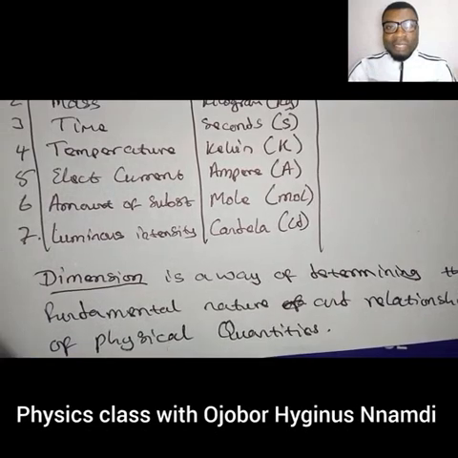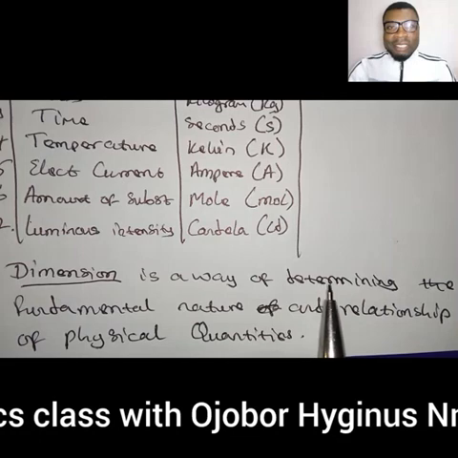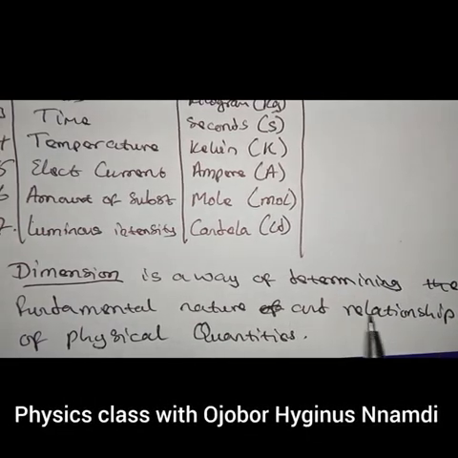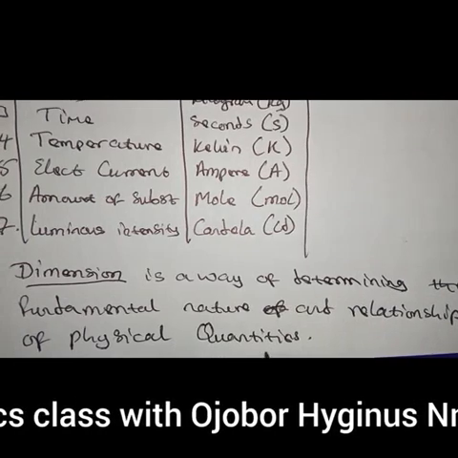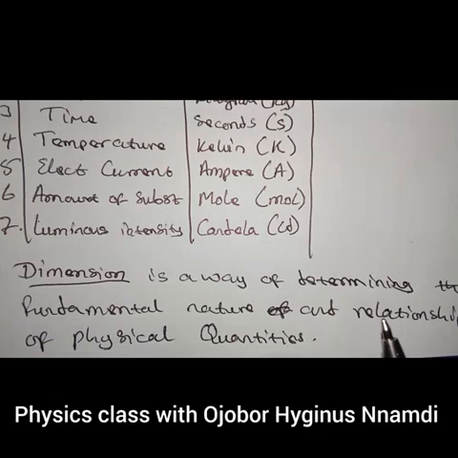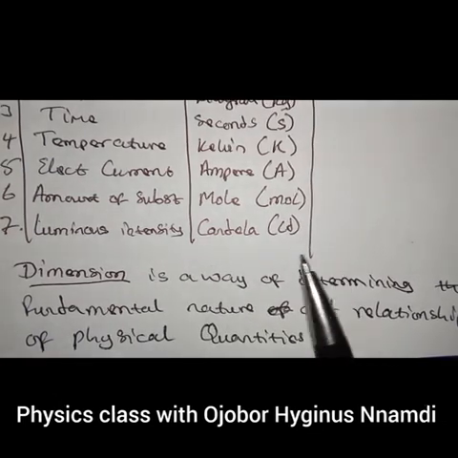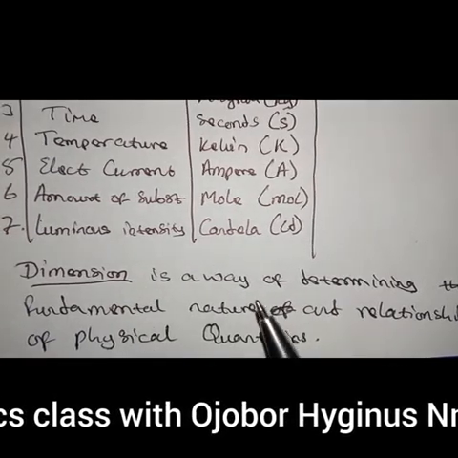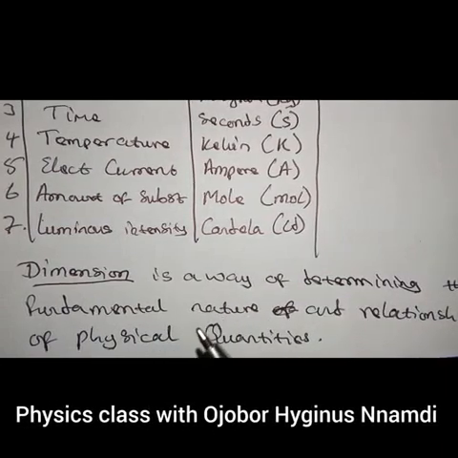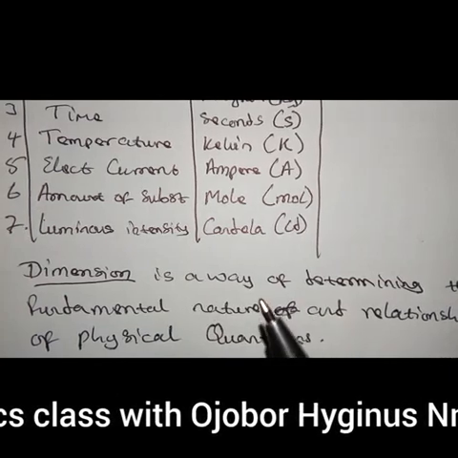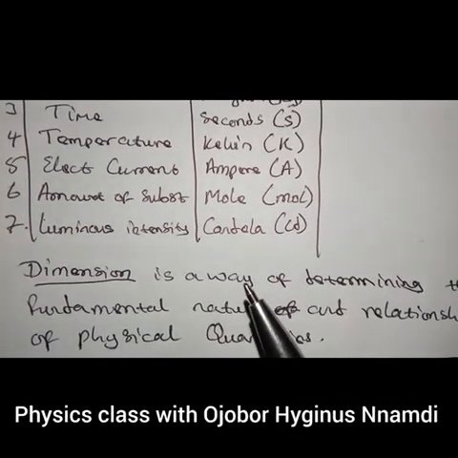Dimension is a way of determining the fundamental nature and relationship of physical quantities. Dimension is used to do a lot of things. To mention but a few, dimension is used for classification of physical quantities. Dimension is used to check unit correctness. If a unit is correct, we can use the dimensional method to find out.